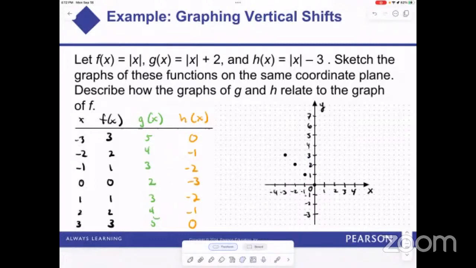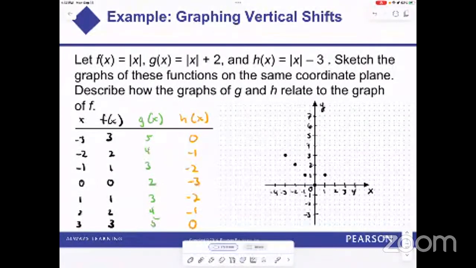The origin is already plotted for us. And then 1, 1. 2, 2. 3, 3. Then what we're going to do is connect these using straight edges.